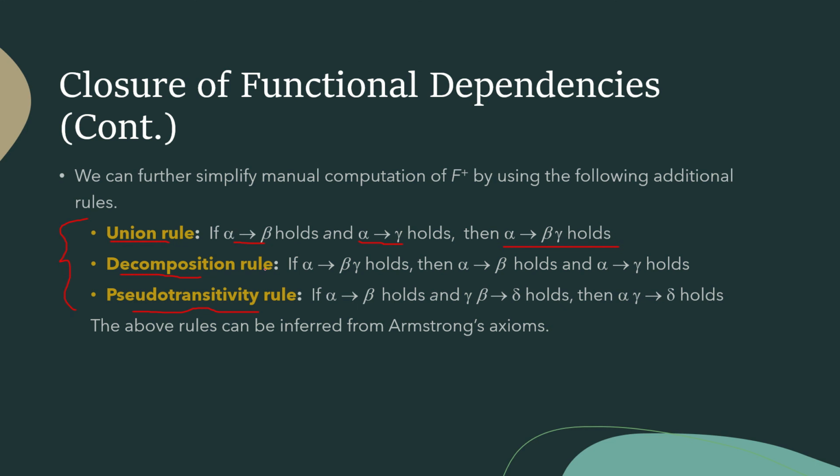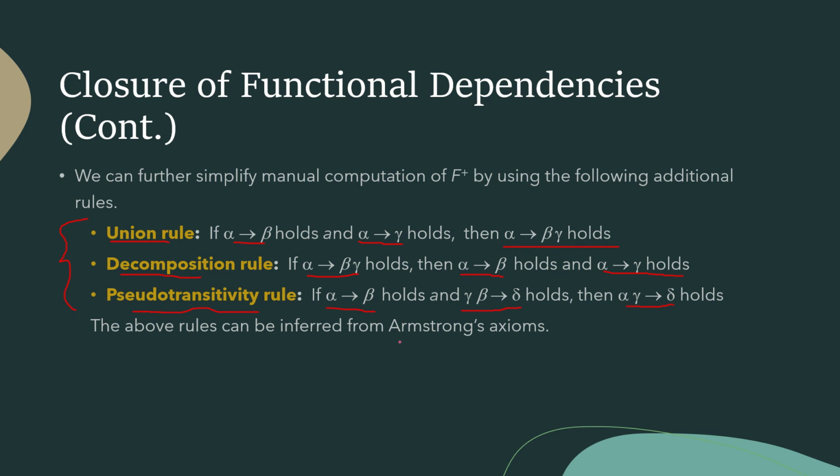The next is the decomposition rule, the opposite of the union rule. If alpha implies beta gamma, we can write alpha implies beta and alpha implies gamma. Then the pseudo transitivity rule: if alpha implies beta holds for a relation and gamma beta implies delta, where these are sets of attributes, then alpha gamma implies delta.